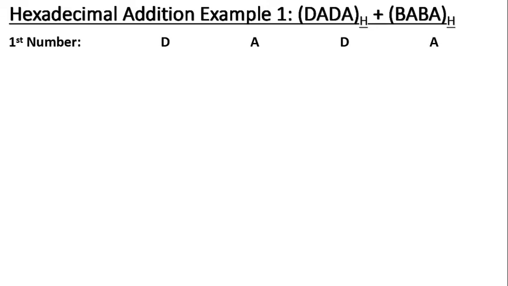Here is the first number, DADA, written with sufficient space between two successive digits. Just below that, the second number BABA is also written.